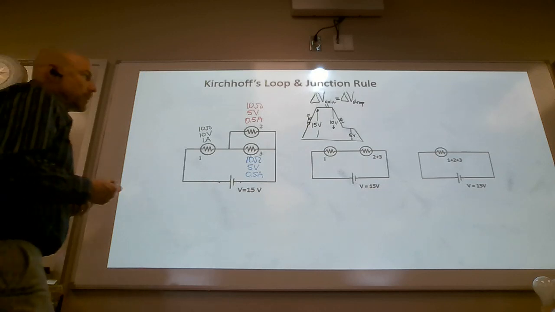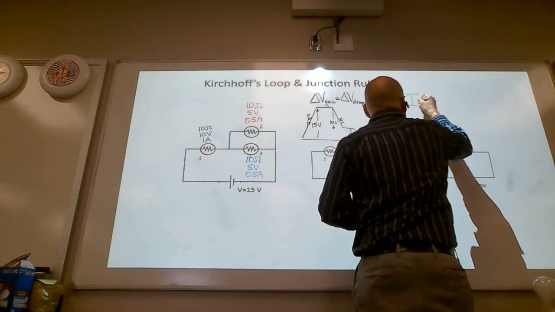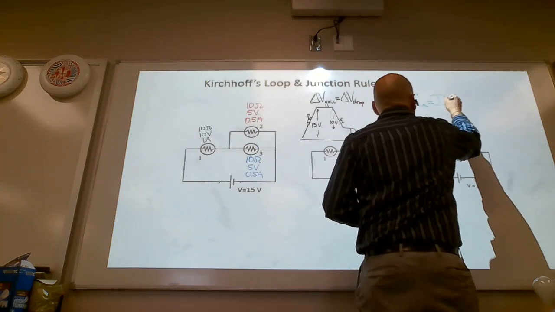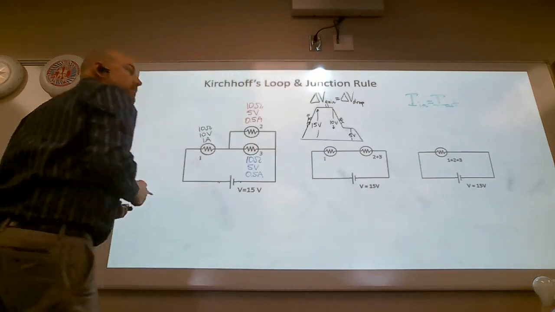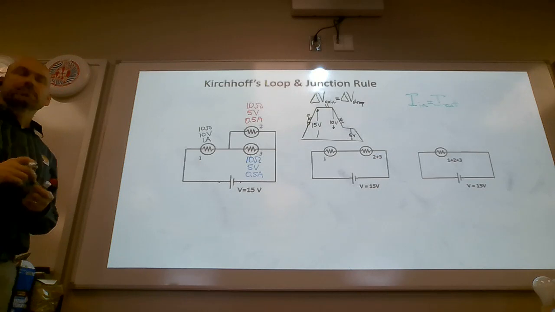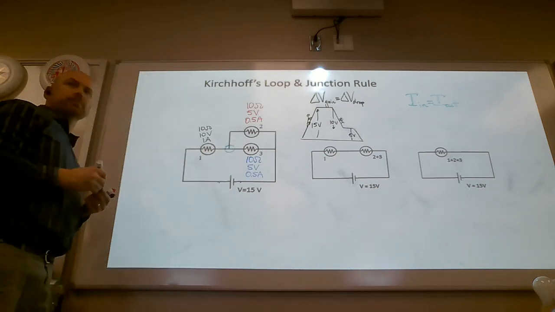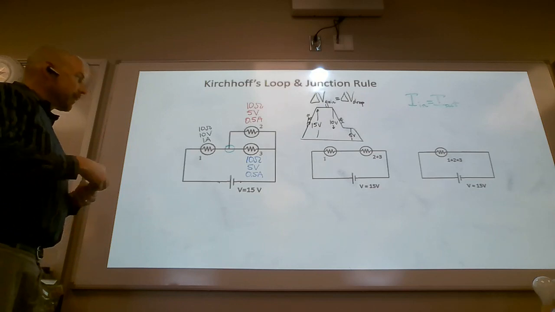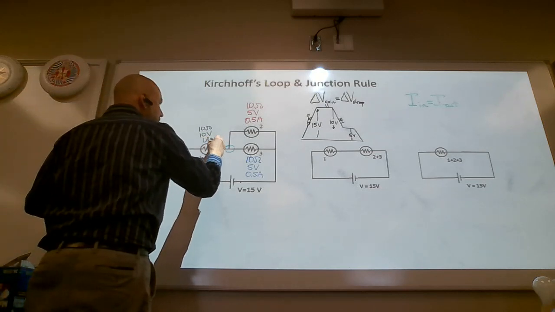And the junction rule says the current in equals the current out. Here's a junction. The current in is 1 amp.